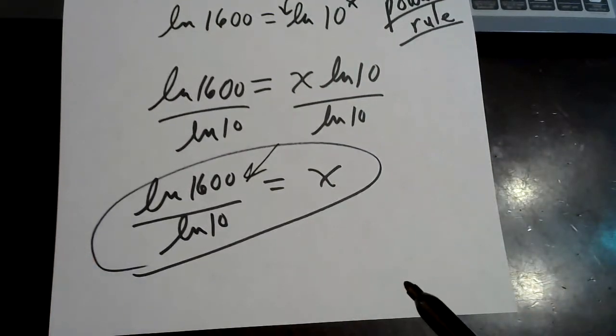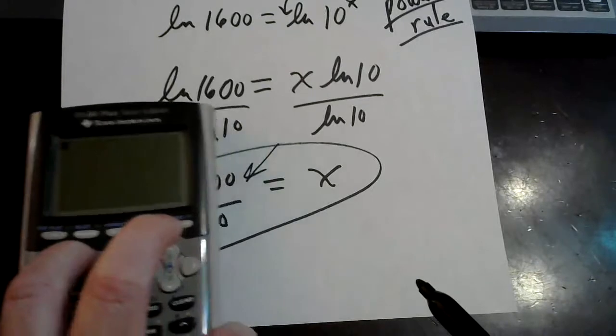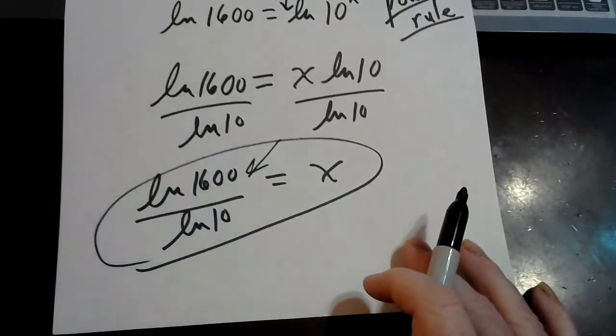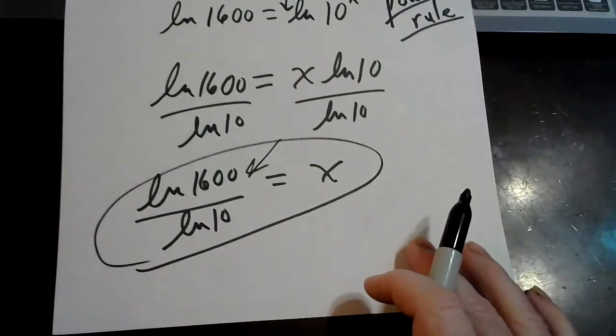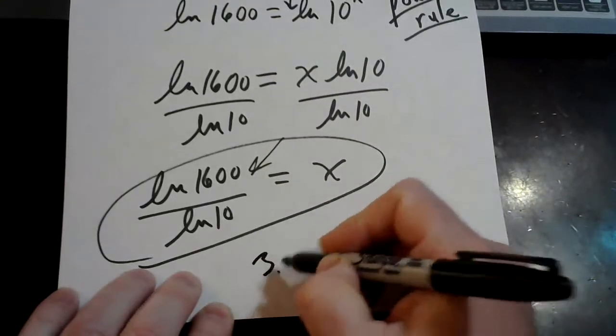Well, let me plug this into a calculator. And this is just natural log 1600 divided by natural log 10. So I get 3.204.